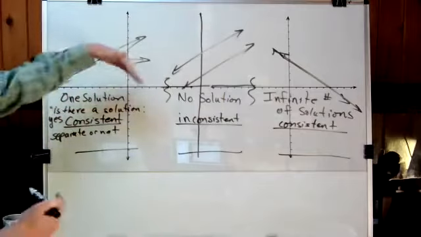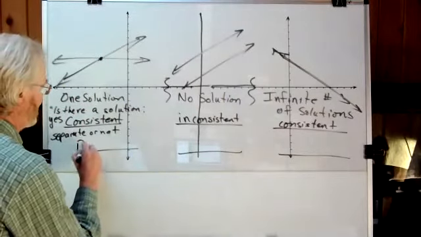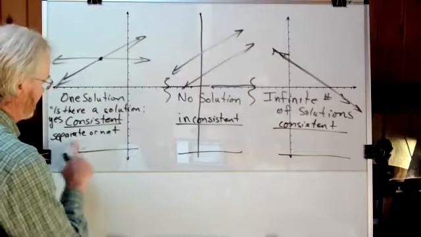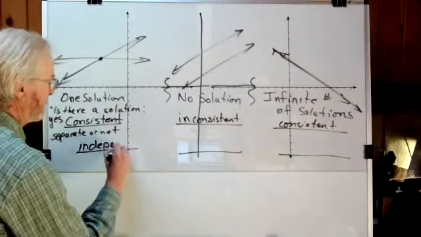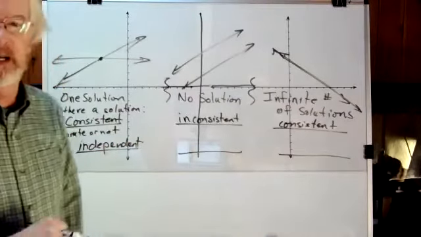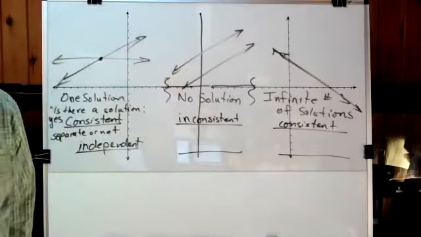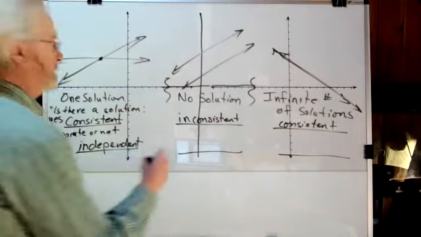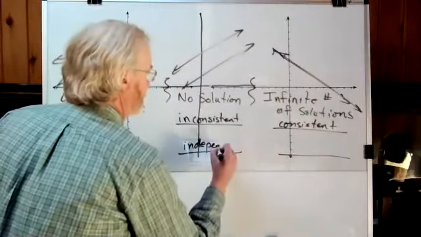Yes, these are two different lines. Are they different lines? And the term we use is independent if they're separate. Independent. You might say they're not related to each other. They're independent. Well, these two lines are very separate, right? They are also independent.